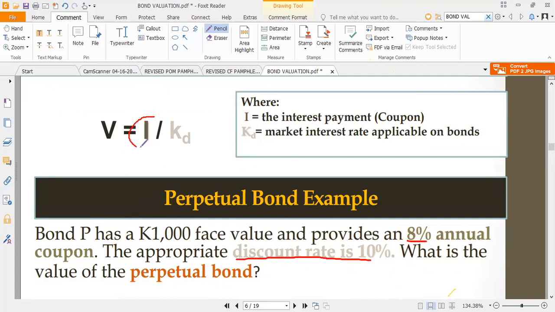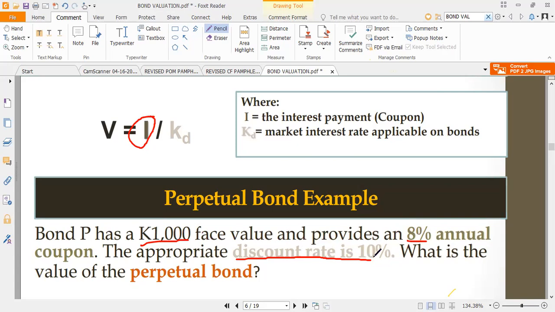Firstly, we need to calculate the value of the coupon. The coupon value is simply the percentage of its face value. There are two percentages that you will usually be given in an exam question. One is the coupon interest rate, and the other is the market interest rate or the discount rate. The coupon rate is mainly just meant to calculate the coupon value. So 8% of 1,000 is 80 kwacha.